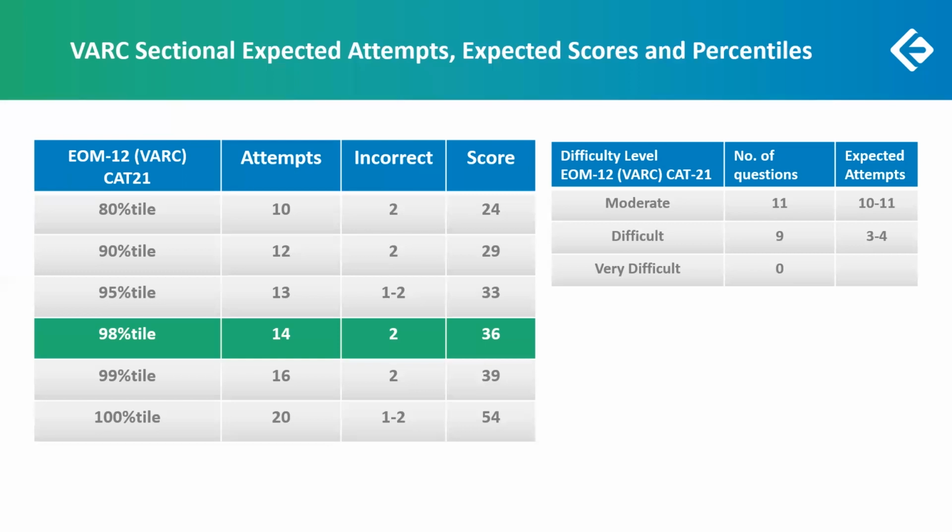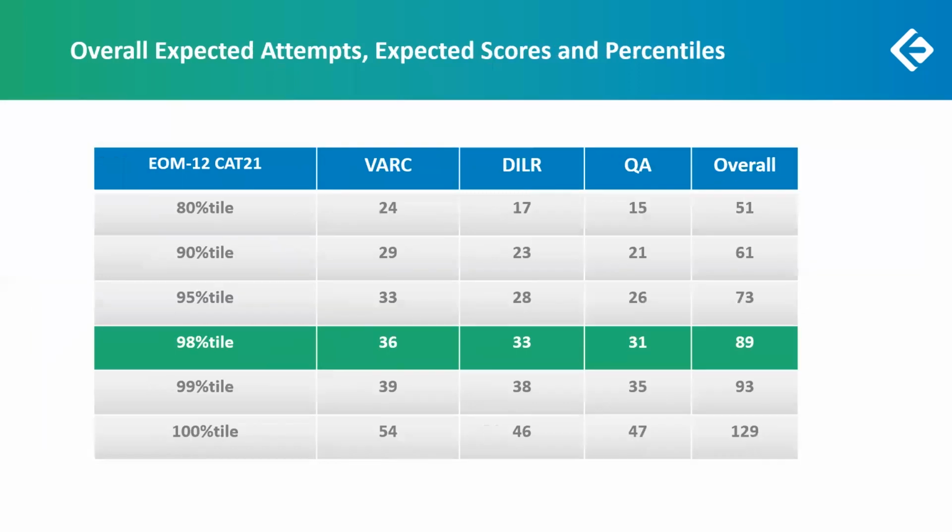And if your reading was good enough and your selection of RCs was good enough, because none of the RCs other than 1 RC, the RCs were also short. So you could always read the same RC twice, spend time in reading clearly and understanding the passage before you go to the questions. So it is quite possible that you attempt all the questions and get just a few wrong, which is why the expectation for 100 percentile is really high here. So with this analysis of VARC, let's examine what the big picture looks like.